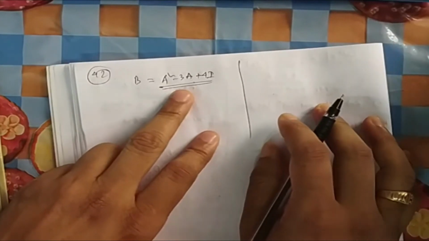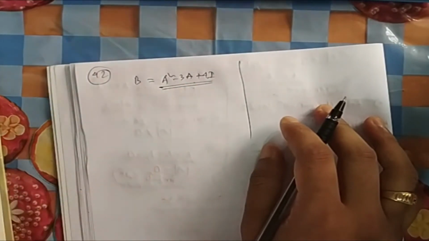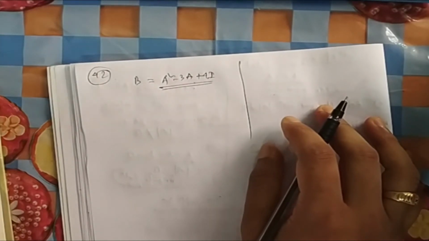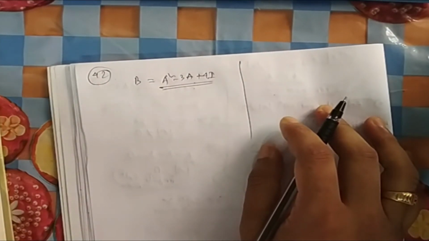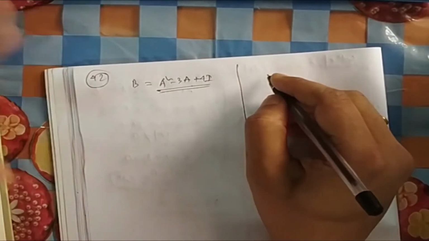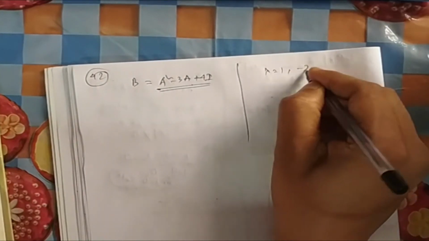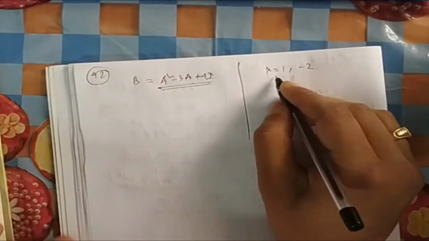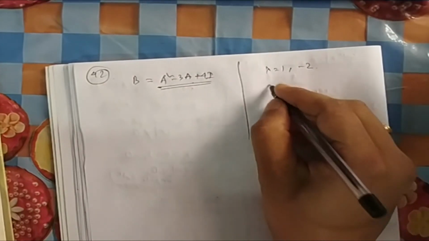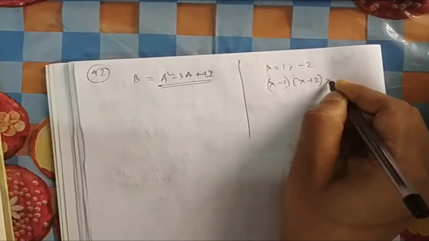Again you have a polynomial of a matrix. Whatever I told you earlier, if you find a polynomial of a matrix, one theorem should strike your mind. Can you recall the theorem? It's the Cayley-Hamilton theorem. For A they have given eigenvalues 1 and minus 2, so the quadratic expression is lambda minus 1 into lambda plus 2, because these are the factors.